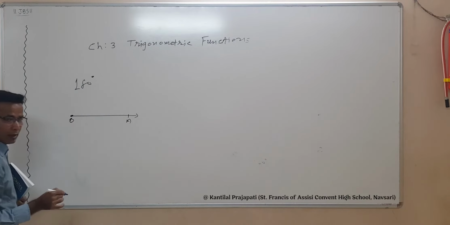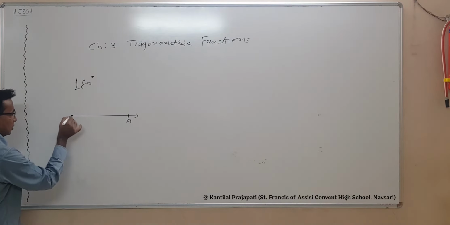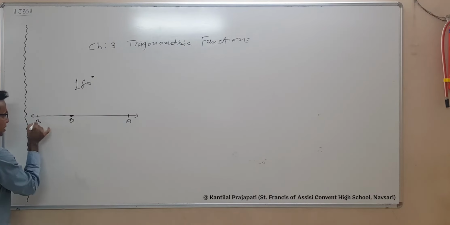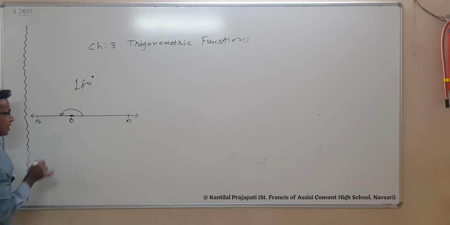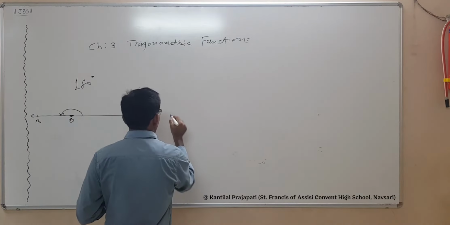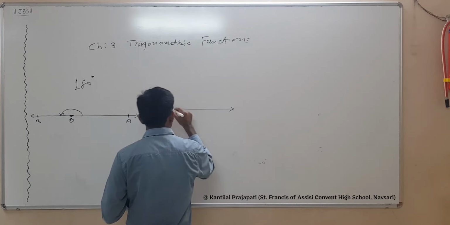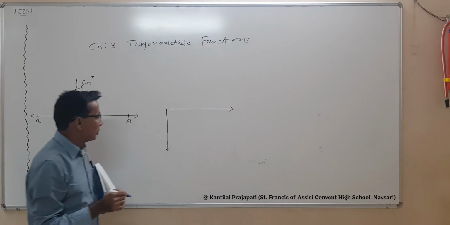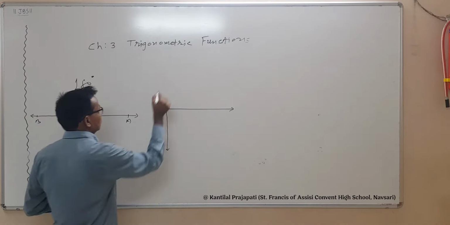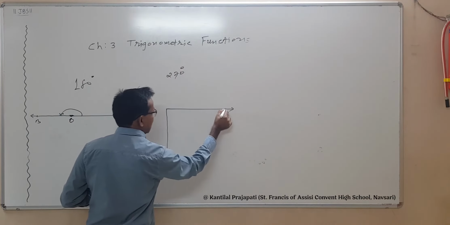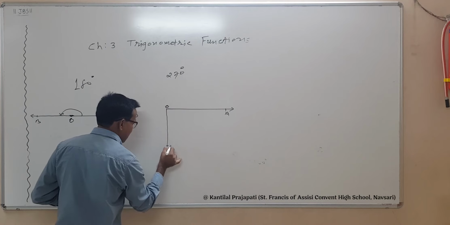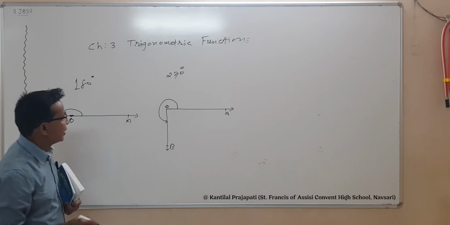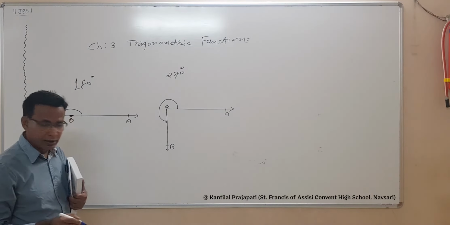After rotation of 180 degree, the final position of ray OB will be here. This is 180 degree. We know that 270 degree. This is A, O, B. So after rotation in an anti-clockwise direction, we get the figure of 270 degree.